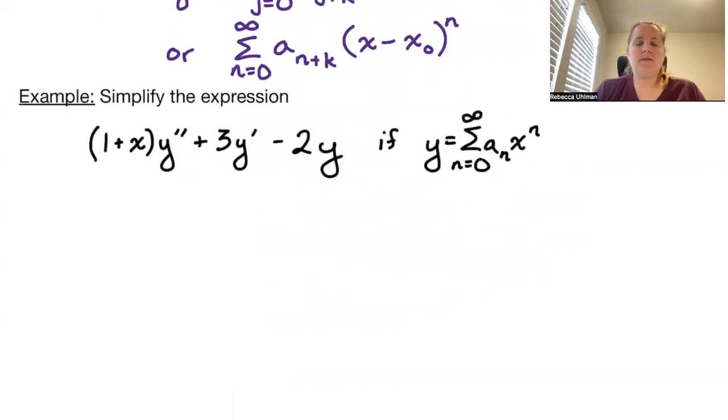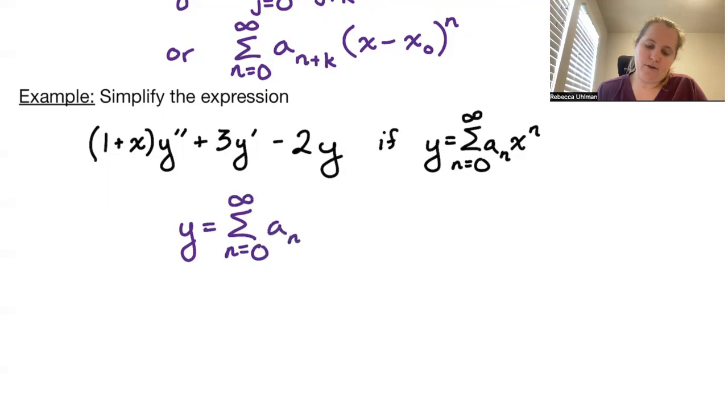So for an example, let's use some linear combination and differentiation and re-indexing, or shifting the index, to try to simplify the expression (1 plus x) multiplying y double prime, plus 3y prime, minus 2y, if y is equal to the sum from n equals 0 of a_n x to the n.